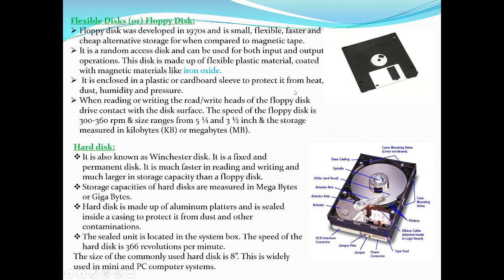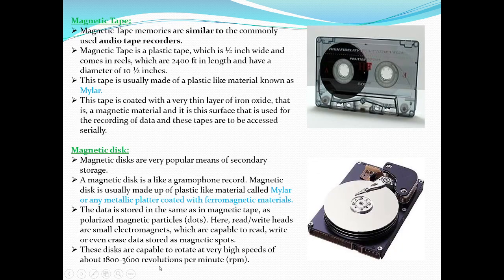When reading or writing, the read-write heads of the floppy disk drive come in contact with the disk surface. The speed of this disk is 300 to 360 revolutions per minute. So here we said about the magnetic disk rotation, that is 1800 to 3600 revolutions per minute.